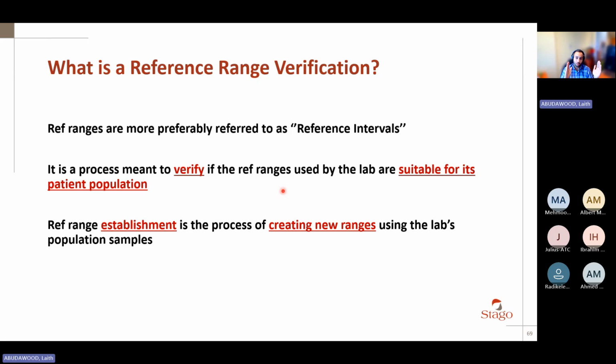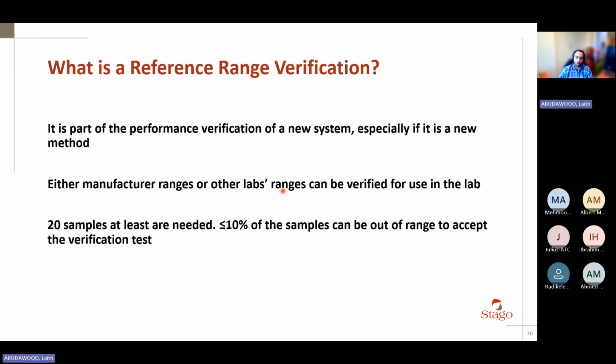Establishment is definitely the better option because it will be made from results from your population. However, establishing is more expensive, more technical, more difficult, and not always possible. So most labs will go with the easy choice, which is verification. I will take a range from the manufacturer or another lab, someone already made this range, and I will verify if it fits my population.